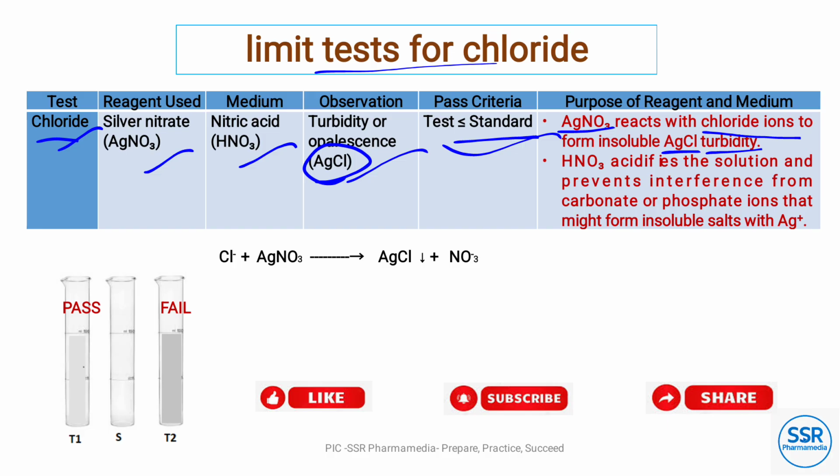And nitric acid acidifies the solution and prevents interference from carbonate and phosphate ions that might form insoluble salts with silver. So in order to prevent this, we add dilute nitric acid as the medium. This is the reaction: soluble chloride reacts with silver nitrate to form silver chloride precipitate.